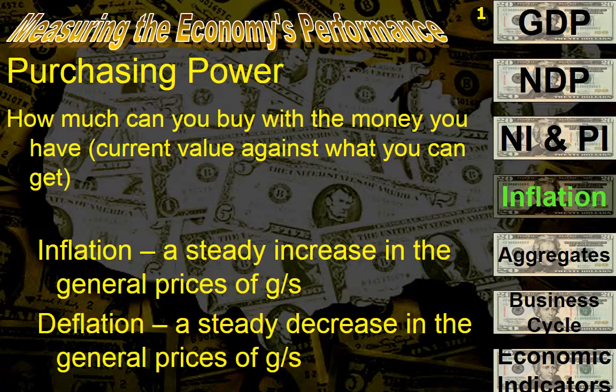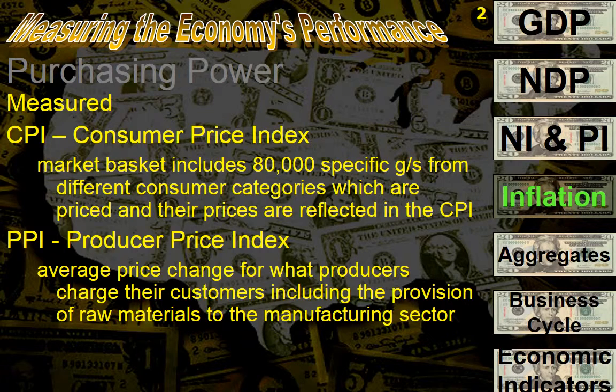So, when we try to measure the ideas of purchasing power or inflation, we have two important ways that economists measure it. The first one, and this is the one that most of what's going to be referenced, is referred to as the CPI, the Consumer Price Index. Essentially, it's a government-created number where they take the prices of over 80,000 different consumer goods, anything from flour and bread to cars, and other things that you would purchase.